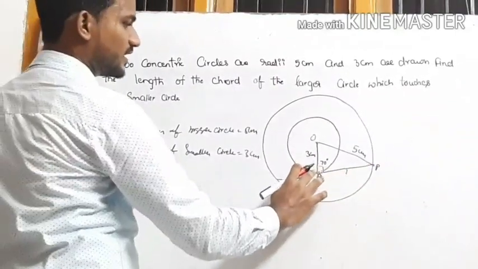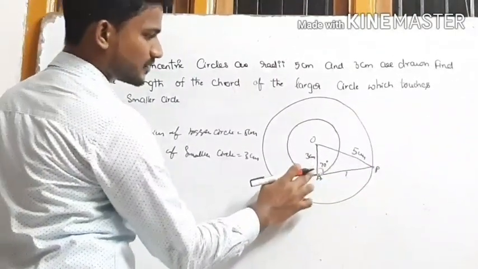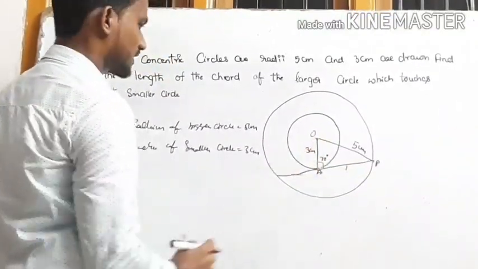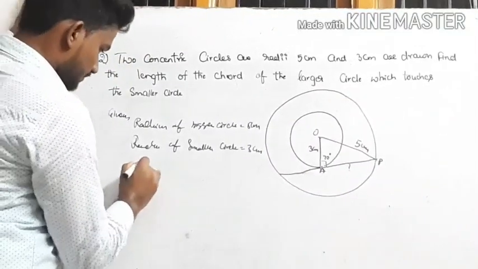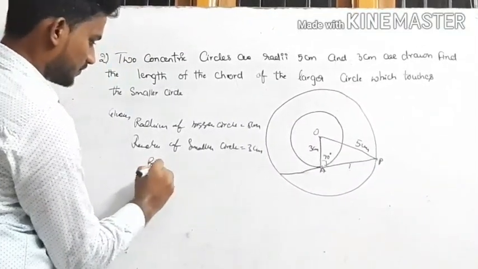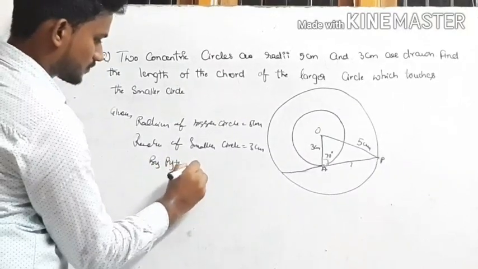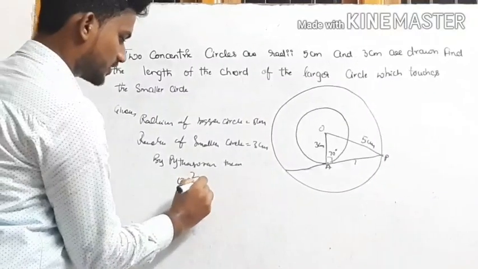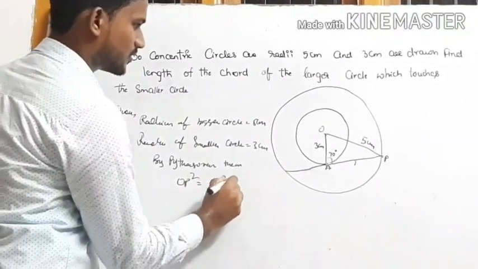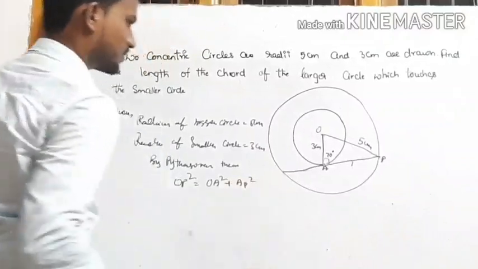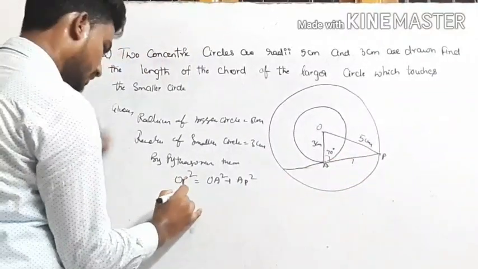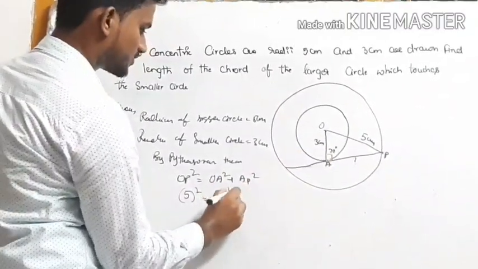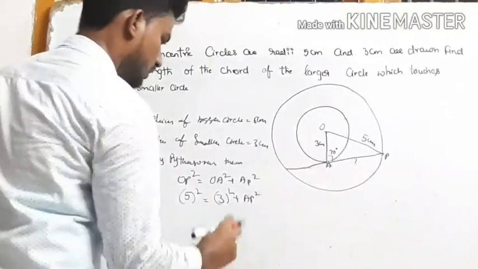It is a right-angled triangle because the radius makes 90 degrees with the tangent. You know that. So by Pythagoras theorem, OP squared equals OA squared plus AP squared. OP is 5, so 5 squared equals OA, which is 3, squared, plus AP squared, which we don't know. We want to find AP.